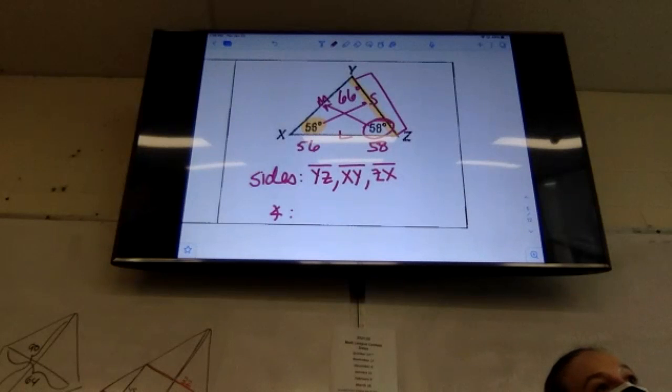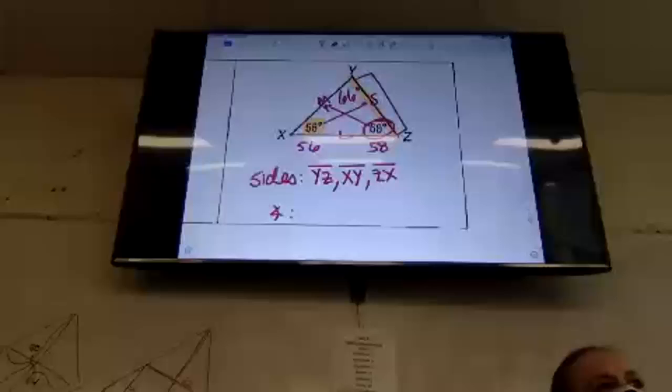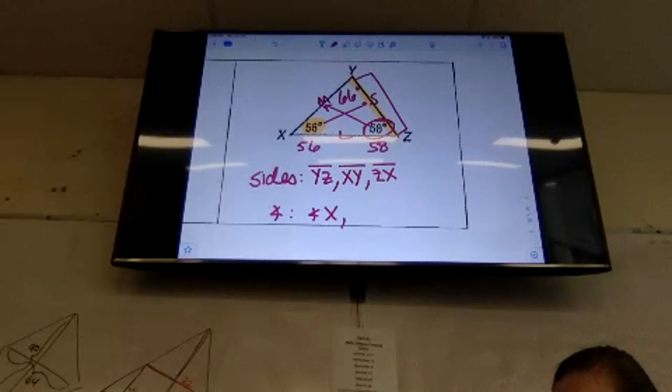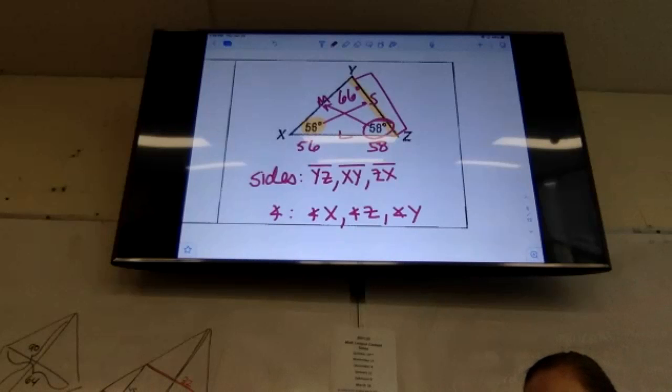So what's my smallest? Let's do angles. What's my smallest angle? What's my next smallest? And then Y. Good. Sides: YZ, XY, ZX. And you can put that in whatever order. So you can say XY or you can say YX.